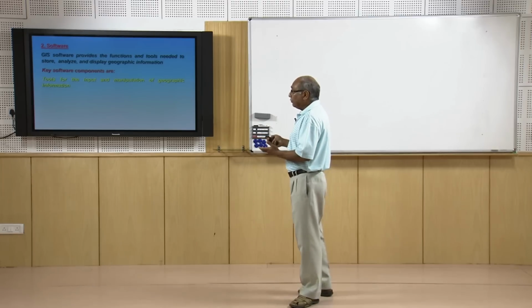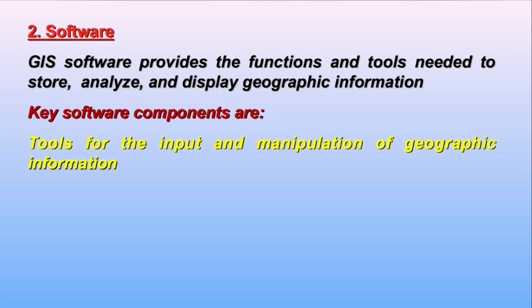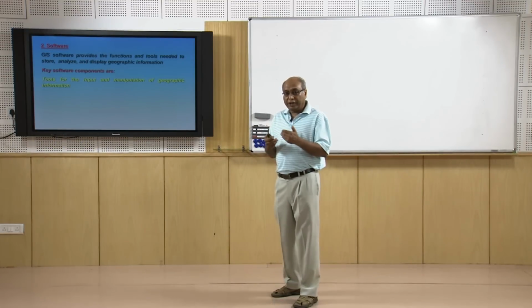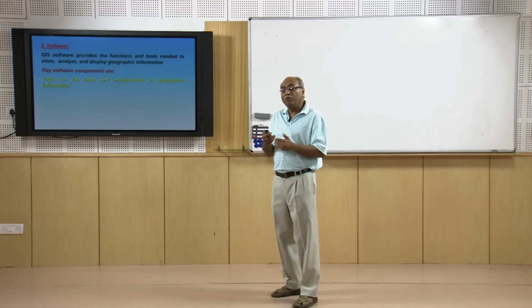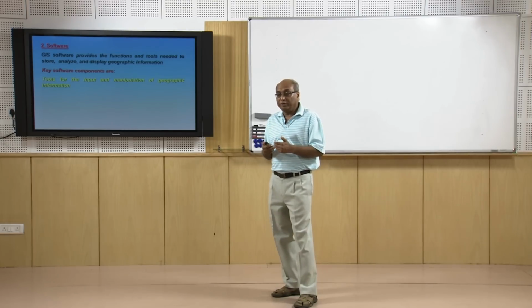The key software components which we look for in GIS software, like for input of the data. We would like to bring the data, because by definition data might be coming from a variety of sources, and therefore your GIS software should be capable of receiving data from a variety of sources.